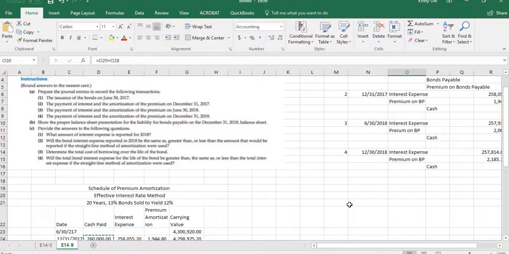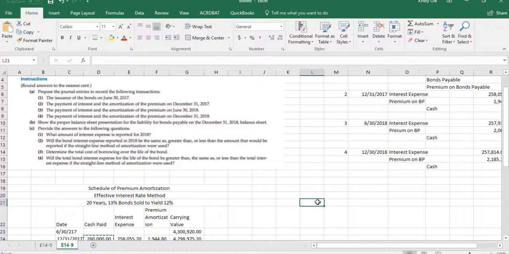You did pay $260,000, but not all of it is a cost of borrowing. That is just the contractual payment. The amount that we are amortizing for the premium is offsetting that. So that is the amount that was basically paid by the person ahead of time to normalize the interest rate to the effective rate.